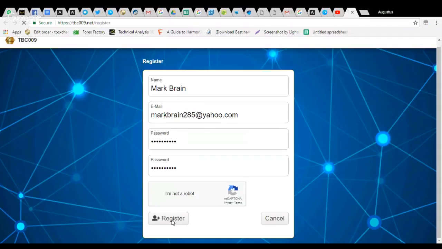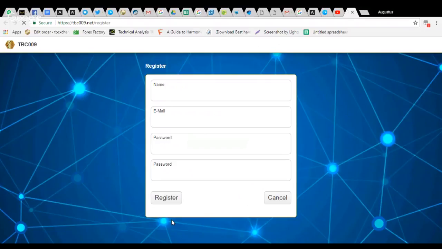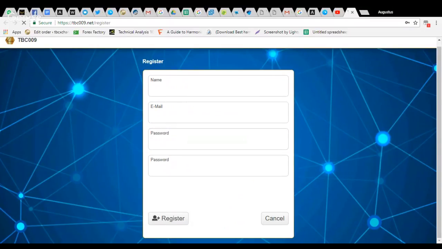Have to make sure your password is correct. So I'll put my password, and I'll confirm my password again and click on I'm not a robot. Okay.